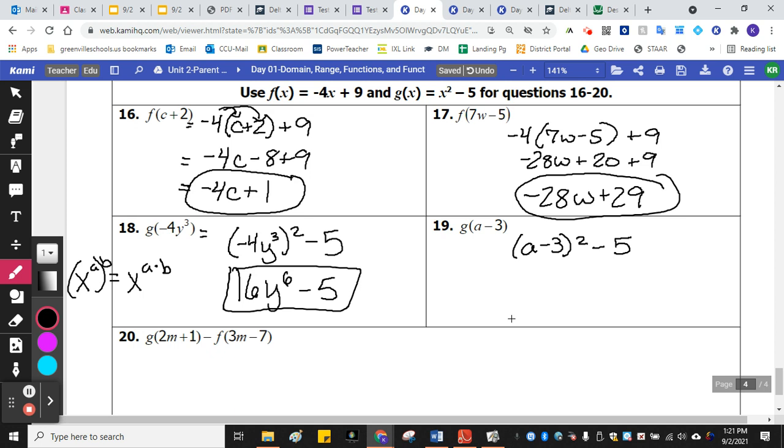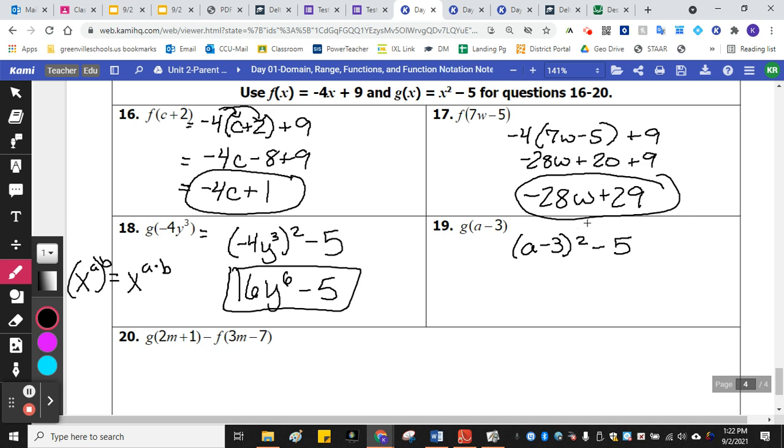How do you square a minus 3? You square the 3 and then you square the negative, right? Or did it? When you square something, how do you square it?